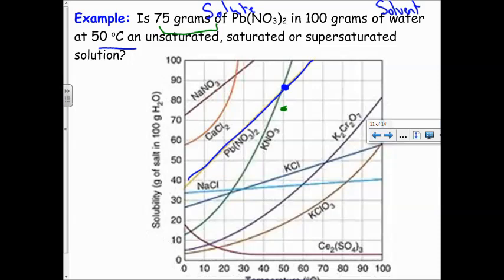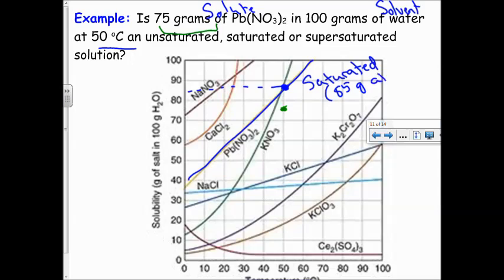So is this unsaturated, saturated, or supersaturated? This is how much I would need to be saturated. So that would be my saturated point, and that is at roughly 85 grams at 50 degrees Celsius.